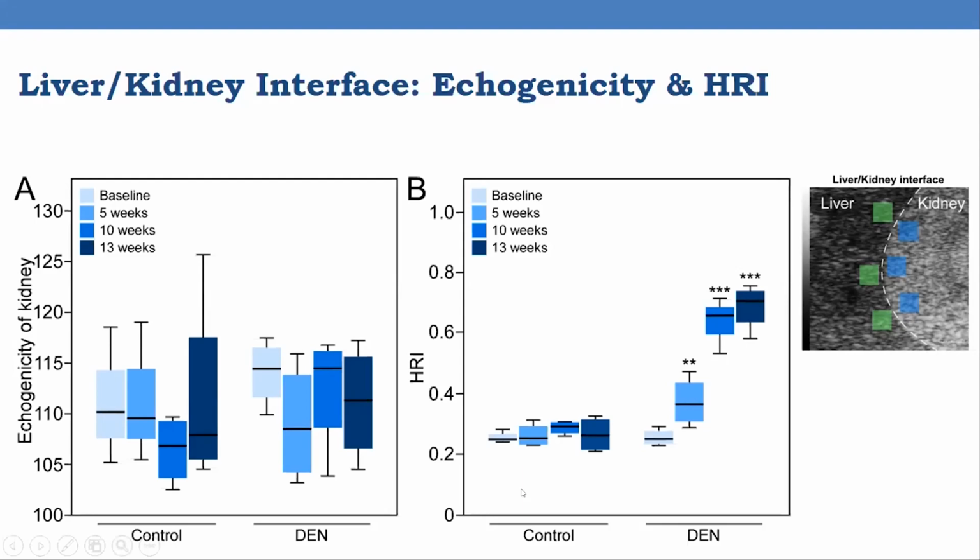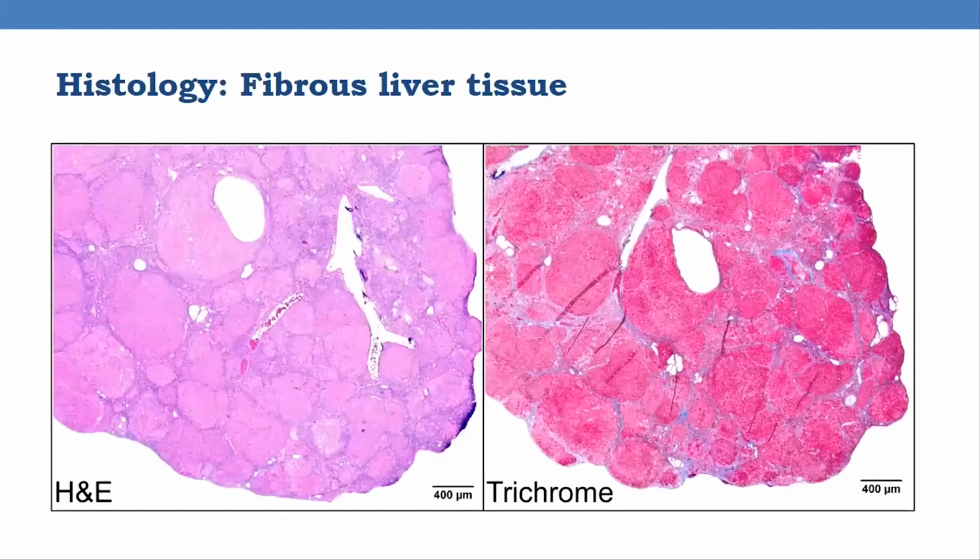So this also shows that there is a uniform increase in the non-uniformity or heterogeneity and coarseness of the liver tissue by DEN ingestion. So the formation of the fibrous tissue has been confirmed.